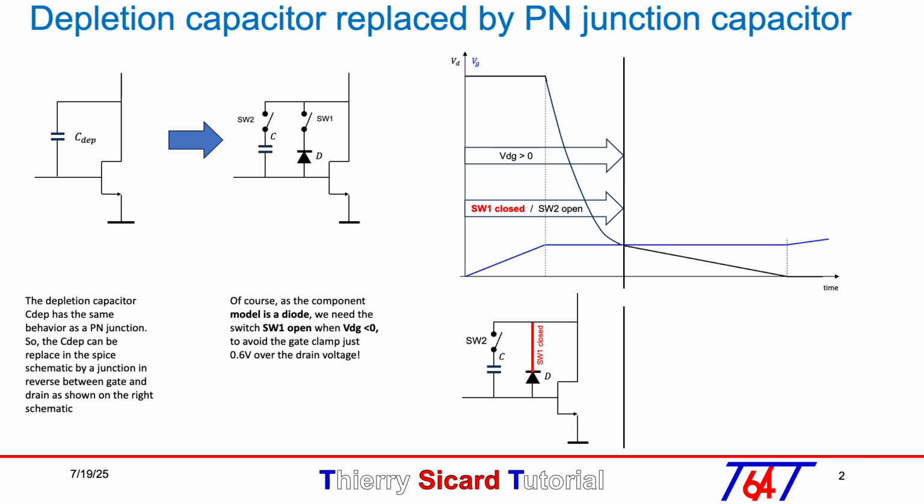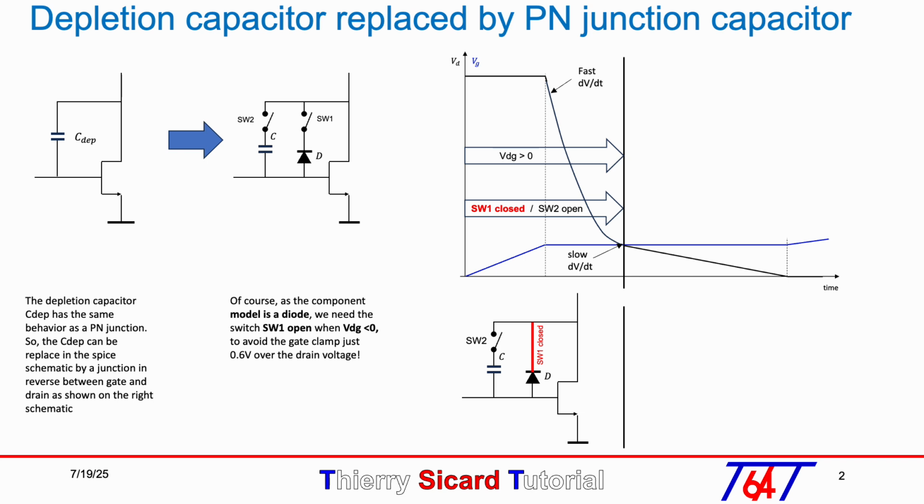This capacitor model, inversely proportional to the square root of VDG, ensures the strong nonlinearity of the drain switching with a faster DVDT slope when the drain voltage is maximum and the lowest slope when VDG equals 0.